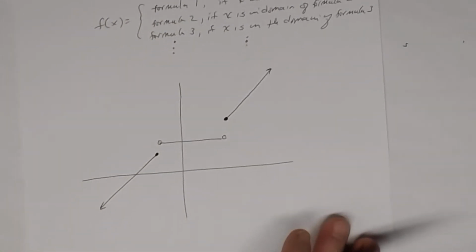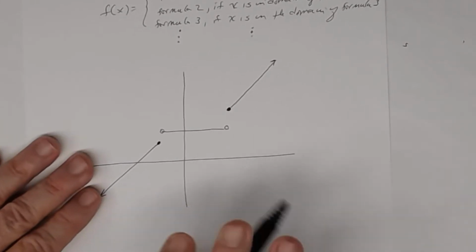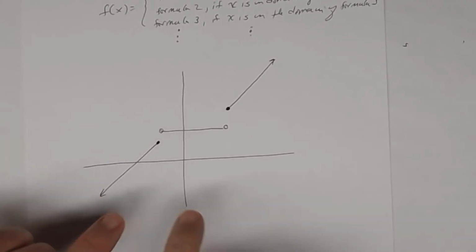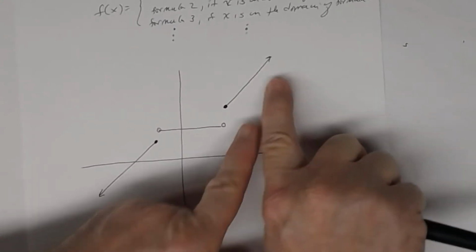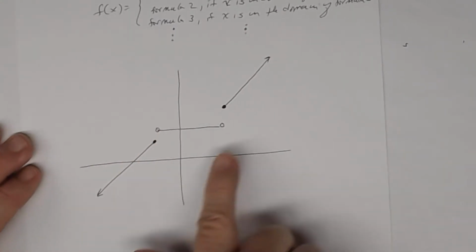When you graph a piecewise function, it'll look something like this. It's broken into pieces.